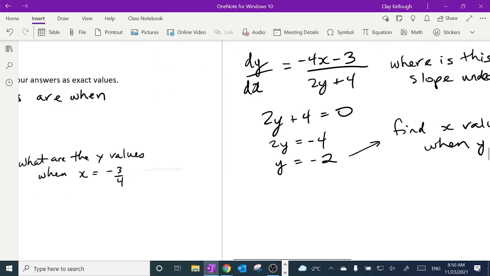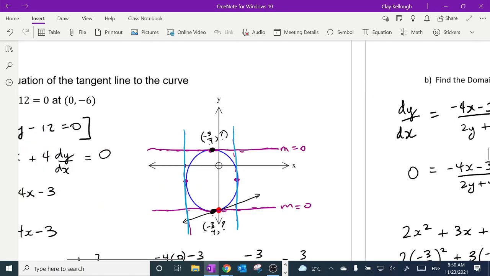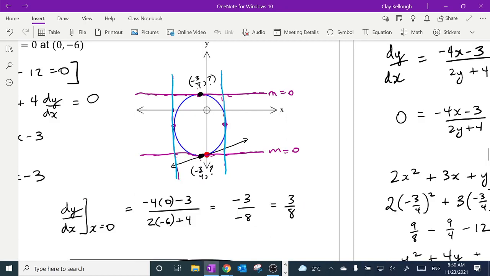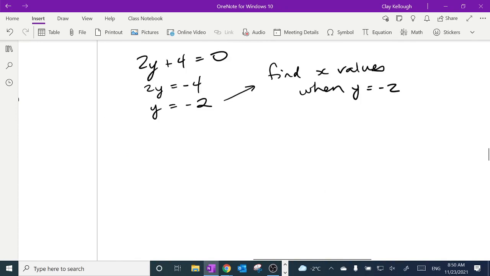So what we've just done is we figured out that these blue lines here have a y value at this point of negative 2. I need to find their x coordinates. Once again, I'm going to be playing with a quadratic, right?